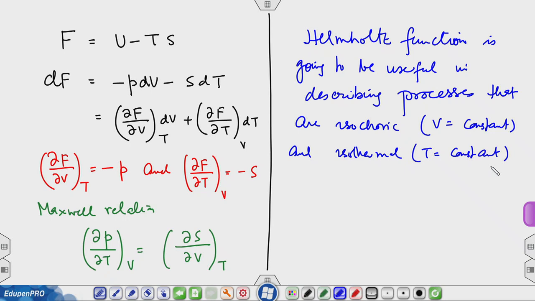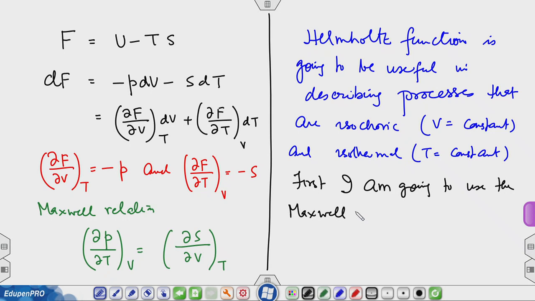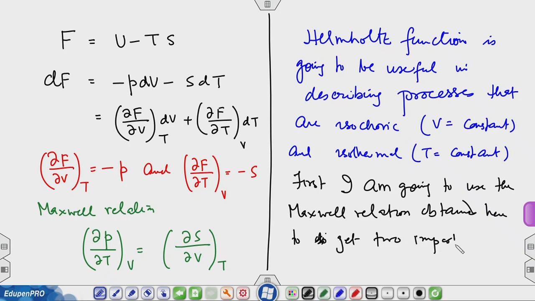And we'll do that. But before that, let's use the Maxwell relation derived to show two things. So first, I'm going to use the Maxwell relation obtained here to get two important results.